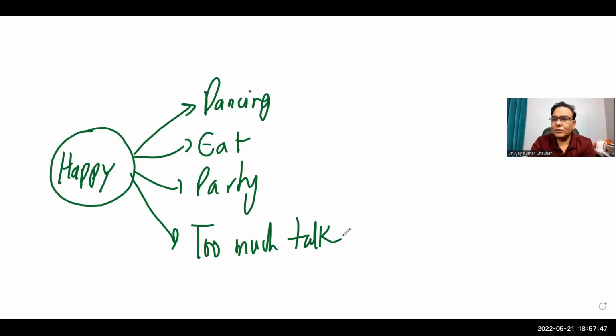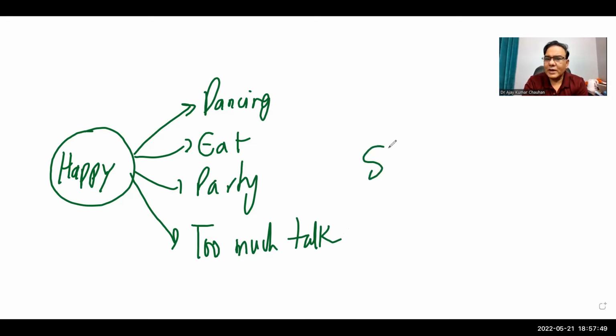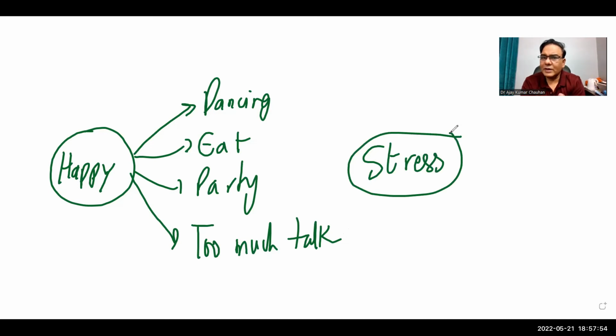Similarly, suppose you are in heavy stress. In the earlier example, I asked you why you are feeling stress, the reason for stress. But now you are already in stress. How can I recognize that you are in stress, or what are the symptoms of stress? Number one, high blood pressure.